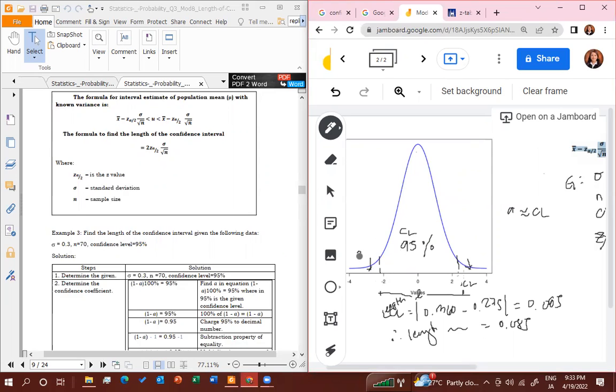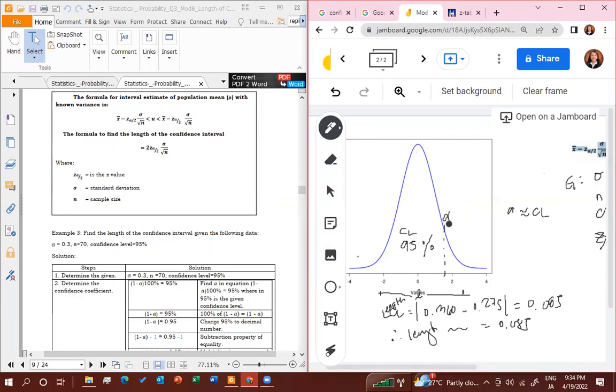So this area right here would be 2.5% and 2.5%, making it 100%. But sometimes, especially with a one-tailed test, the 95% would be in just one side area.